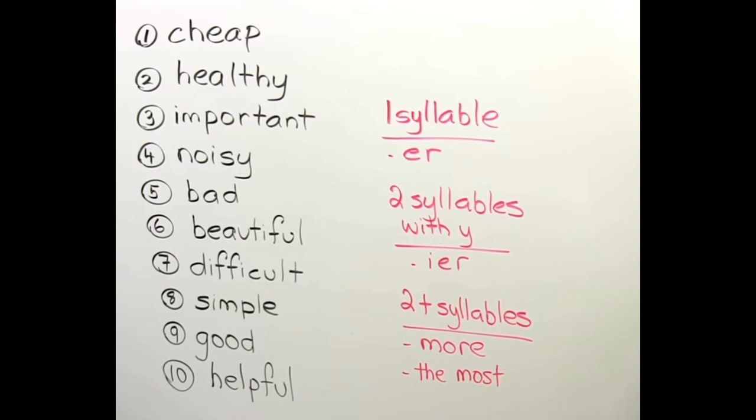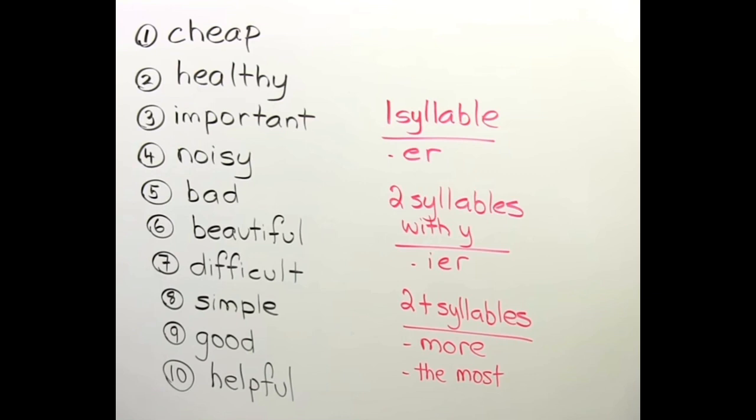Okay? But before we complete the video, let's make a quick quiz. Let's check how much you understood by doing a short quiz. Alright, let's do that. So, as we do the quiz, remember the 3 basic rules.